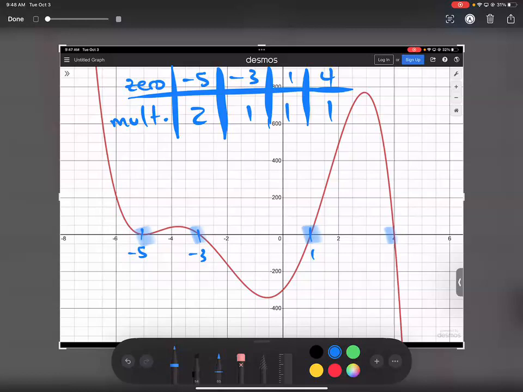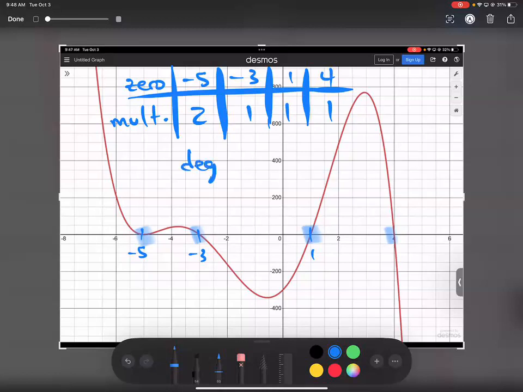Okay, the total multiplicity then, 2 plus 1 plus 1 plus 1 is 5. I still can't count on my fingers while I say things. It's 5. So the degree is 5, if we're assuming everything's as small as it could possibly be and things are what they look like they are.